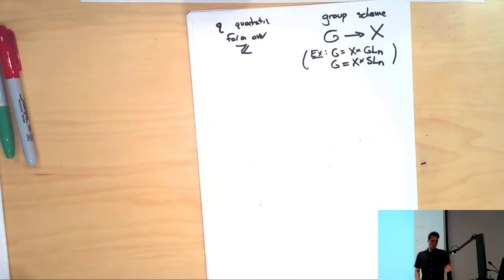Okay, so what do you get when you have a group scheme rather than just an algebraic group defined at the generic point? Well, this algebraic group G0, you were allowed to evaluate it on any algebra over Kx.